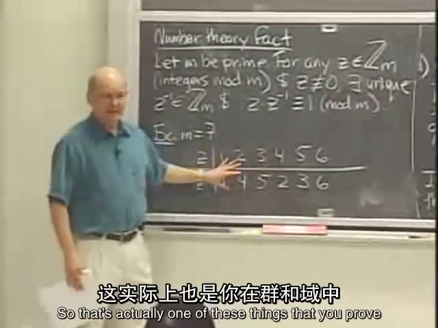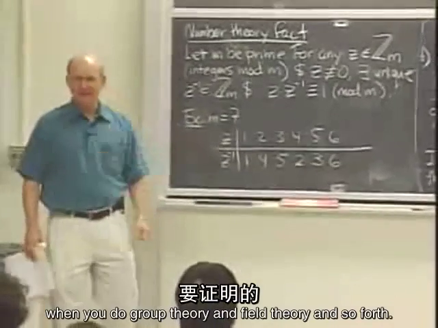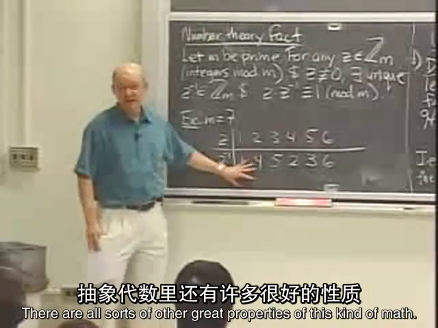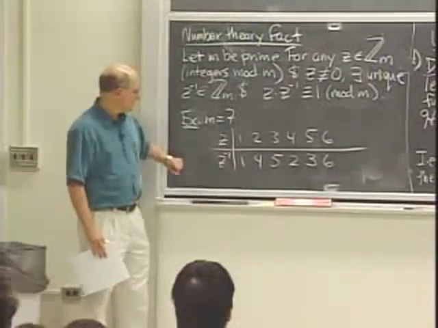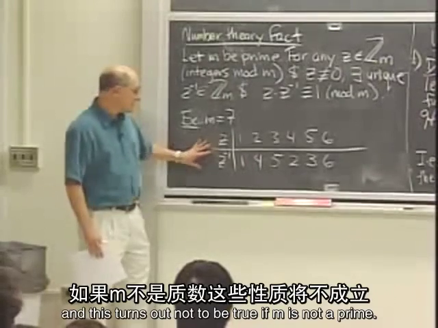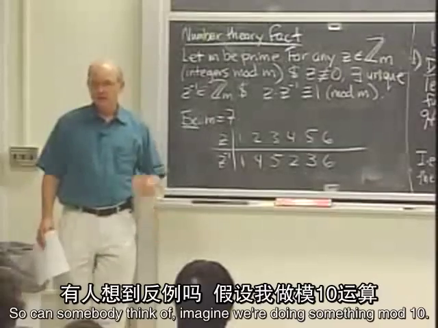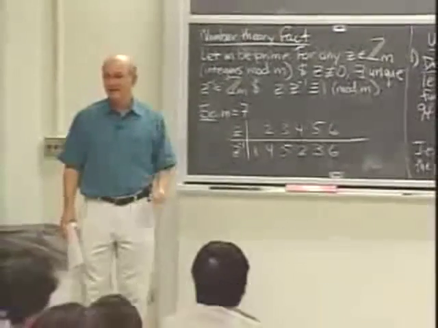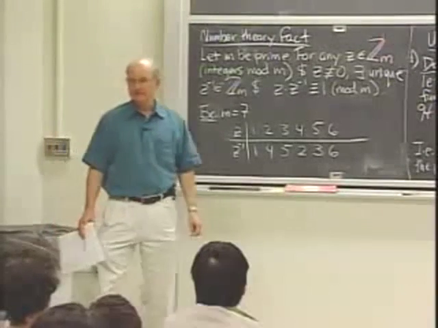That's actually one of the things that you prove when you do group theory and field theory and so forth. There are all sorts of other great properties of this kind of math. But the main thing is, this turns out not to be true if m is not a prime. Let's imagine we're doing something mod 10. Can somebody think of a number that doesn't have an inverse mod 10?